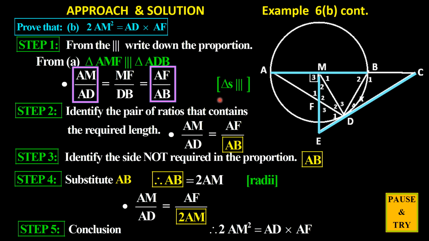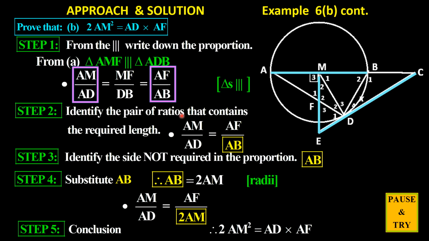Let's just briefly go over that. Whenever you have similar triangles, you can get the proportion directly from that. Out of the proportion, you now just see which pair is actually needed. Go to the question and see what's there.